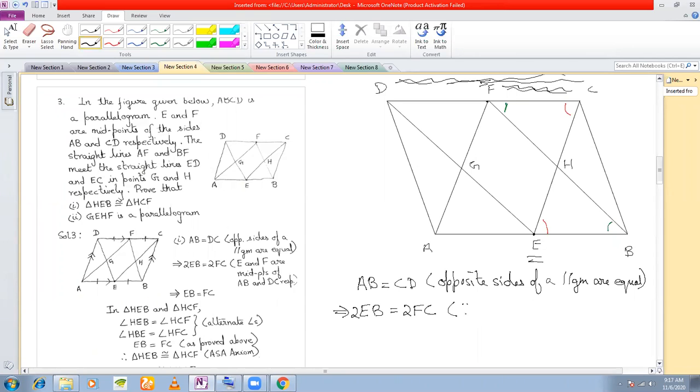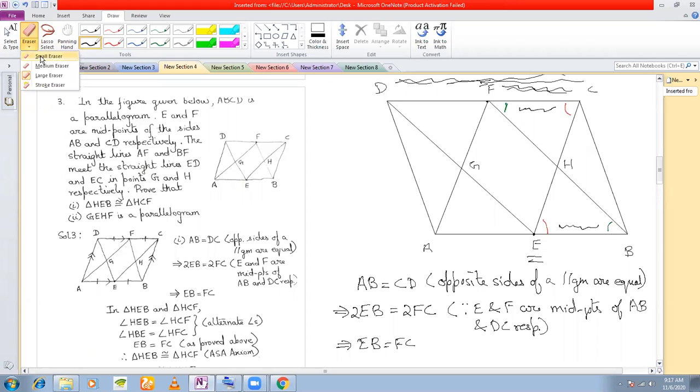The reason here is since E and F are midpoints of AB and CD respectively. So what have we shown? We have shown EB is equal to FC. So these two sides, this side and this side, are equal.